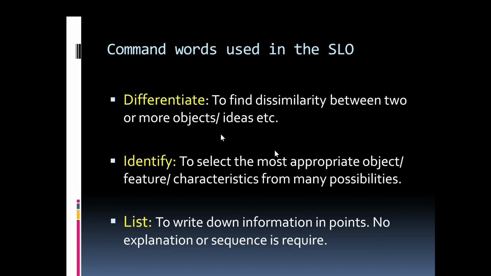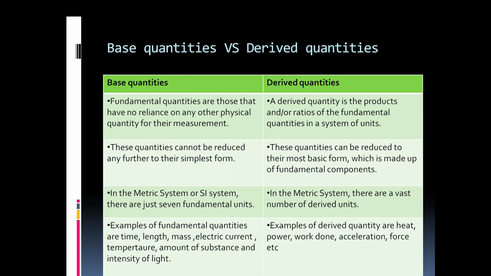Now, with respect to these three command words, let me discuss the SLO. The first SLO was differentiate between base quantities and derived quantities. As we know, base quantities are also known as fundamental quantities.